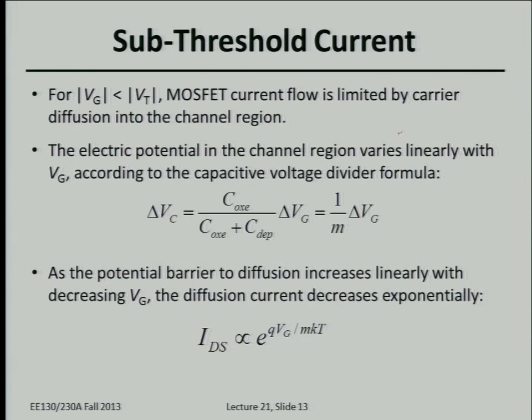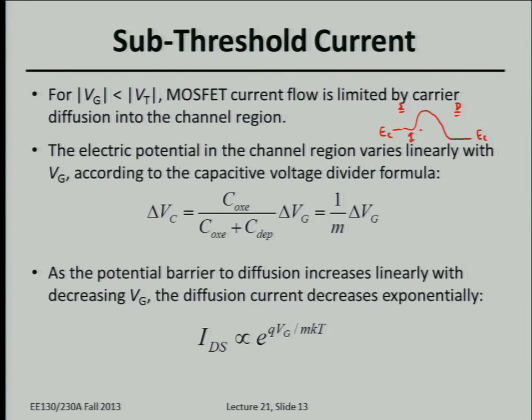Okay, so let's draw the energy band diagram, or actually just the electron conduction band diagram. So let's look at EC from the source to the drain. Okay, so there's some voltage difference here, and that's why electrons would like to go to the drain.